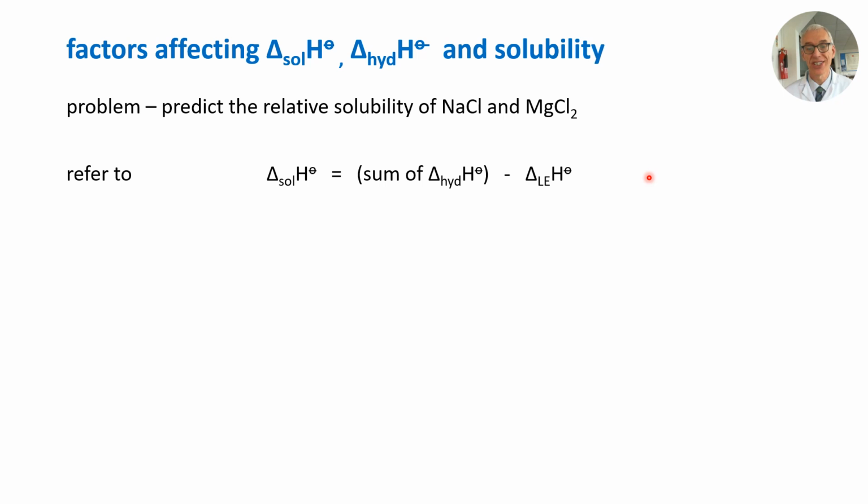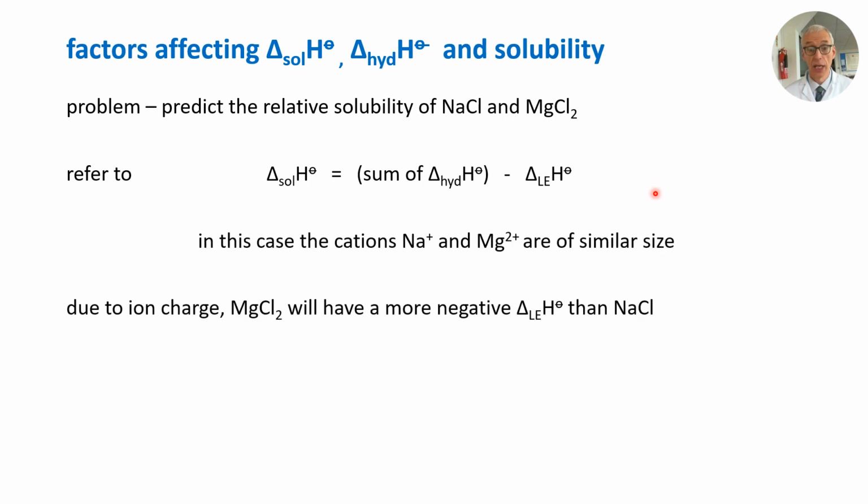Okay, so my reasoning goes like this. As in this case the cations sodium and magnesium are of similar size, we are not going to consider differences in ion size. However, we will consider the fact that magnesium is a 2+ ion and sodium is a 1+ ion, and therefore the magnesium chloride lattice will have a more negative lattice enthalpy than that for sodium.